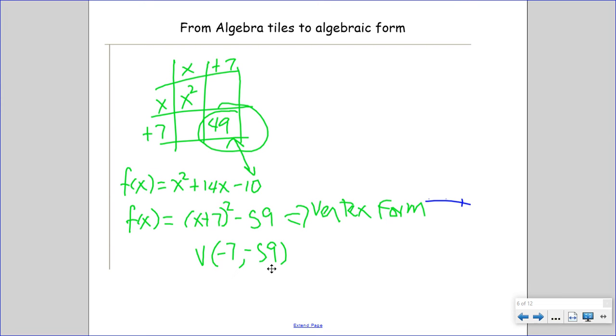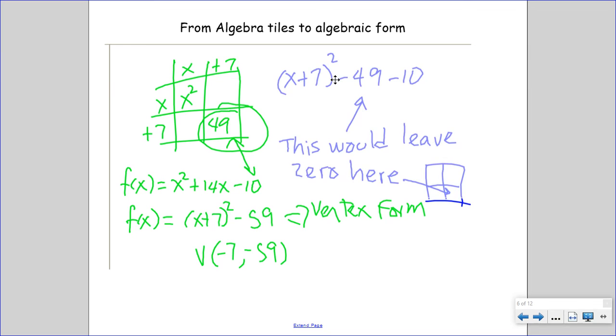Another way that this sometimes is written to facilitate things is simply like this. We know x plus 7 squared would have 49 as the third term of the perfect trinomial, and that's what we're trying to complete.